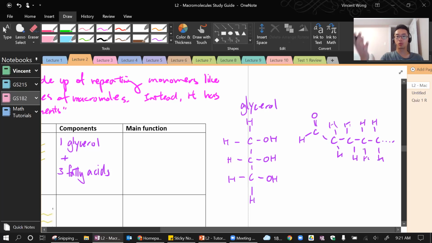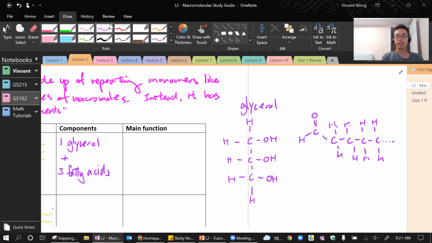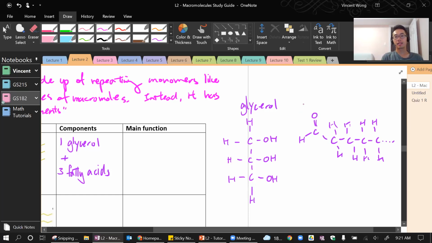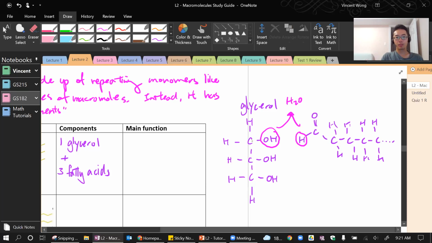What I want to reiterate is if you want to join them together, you're going to need an enzyme. The enzyme will remove OH from one, remove H from the other, and release a water molecule, and then you will be able to form a new bond, like this.